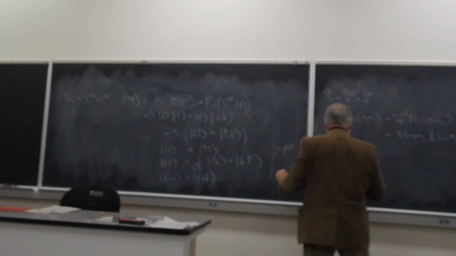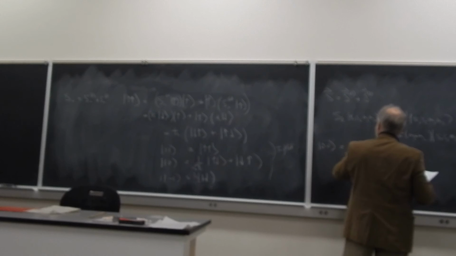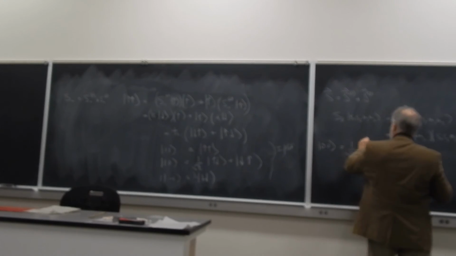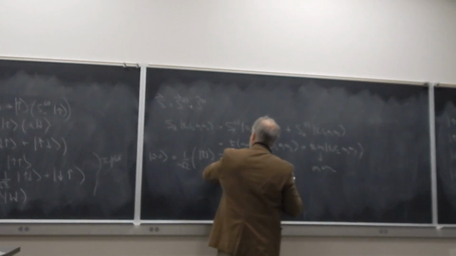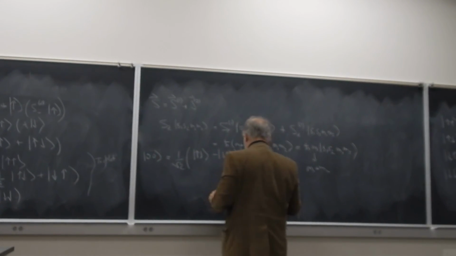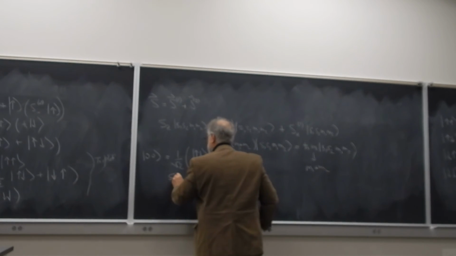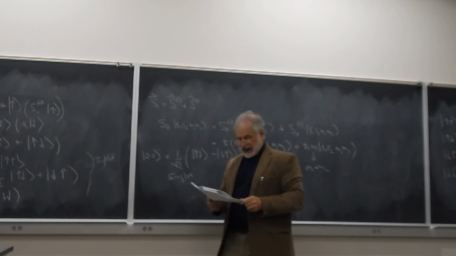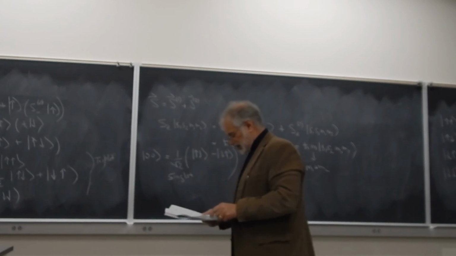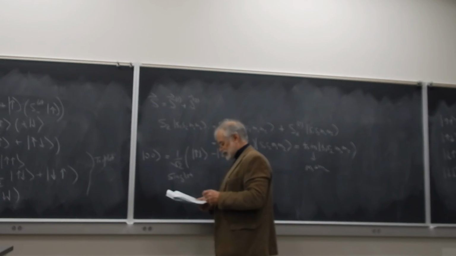My singlet combination, 0, 0, would be 1 over square root of 2, spin up, spin down, minus spin down, spin up. So this is what we call my singlet state. This is my triplet state. The combination of 2 spin 1/2 particles can carry a total spin of either 1 or 0.